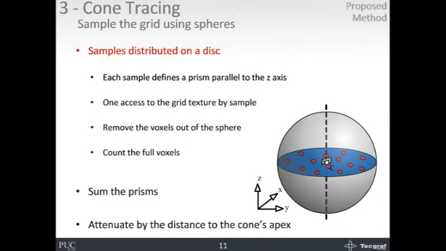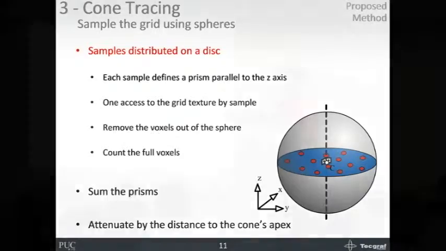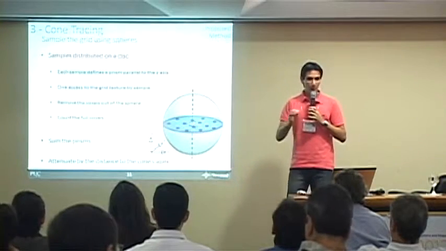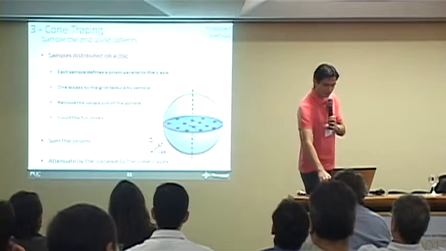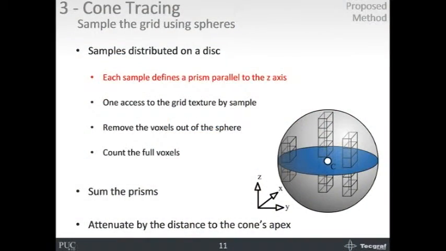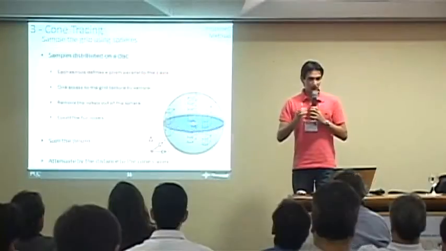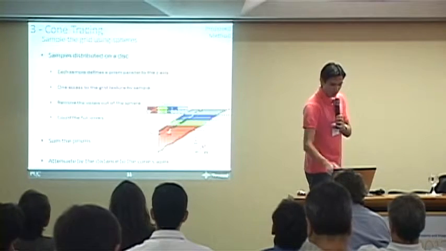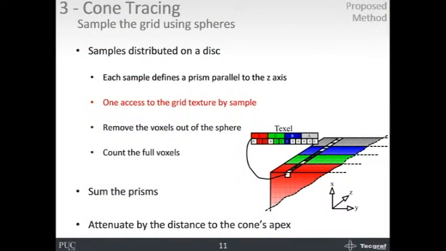To sample the regular grid for each sphere, we distribute several samples inside a disk in the center of the sphere, and each sample defines a prism, and this prism is parallel to the z-axis of the grid. So the advantage of this is that with only one axis we can get all the voxels in the z direction of the grid.